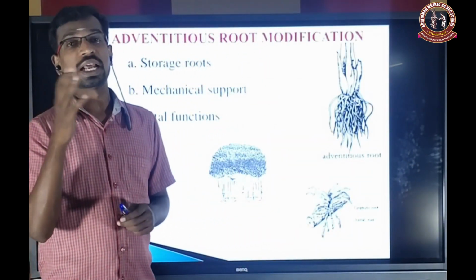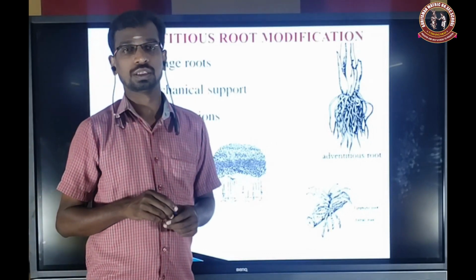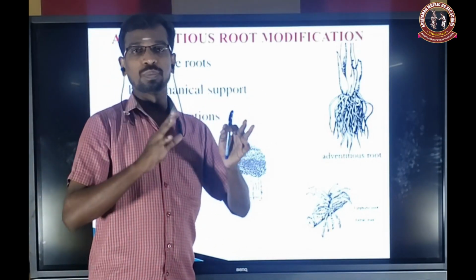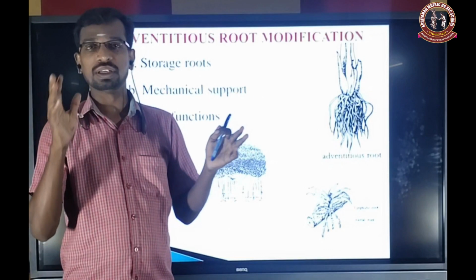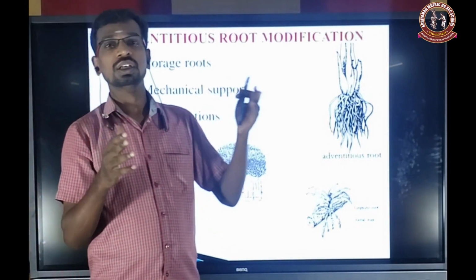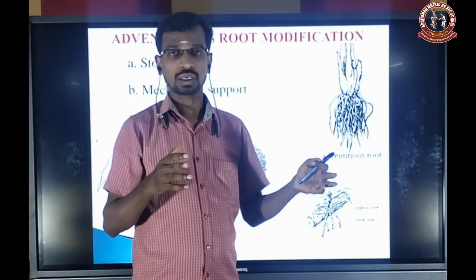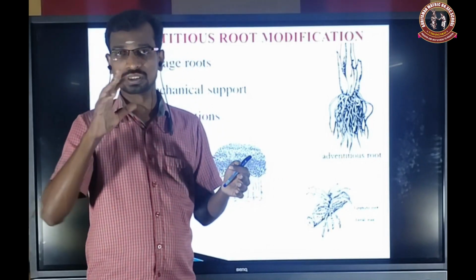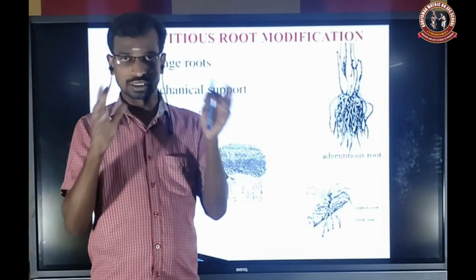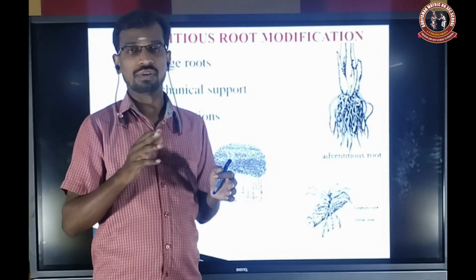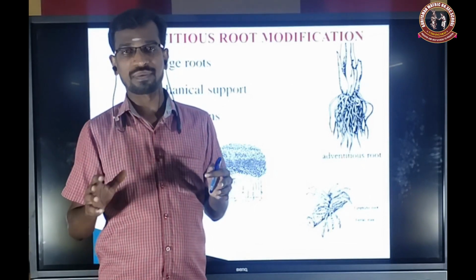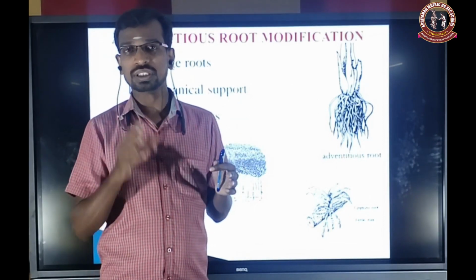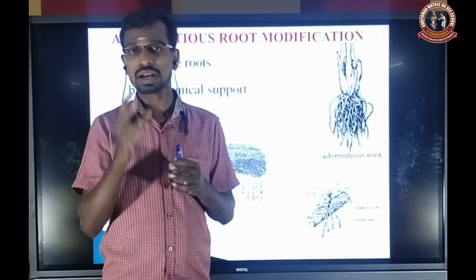So that's all about taproot modification. In taproot modification there are only two types: storage modification and breathing root. Storage modification is further divided into three types based on shape: conical, fusiform and napiform. The breathing root is a special structure for mangrove plants.